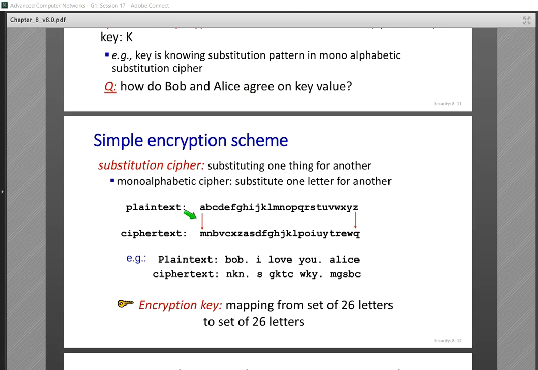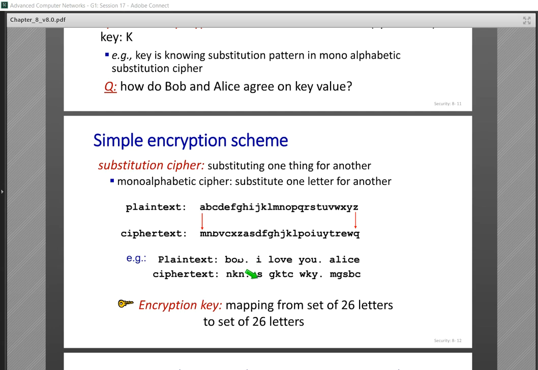But this strategy can be broken. We can break it very easily. How? For example, in English, I know that this letter can start with I. I is a single character, and so statistically, I can recover this.